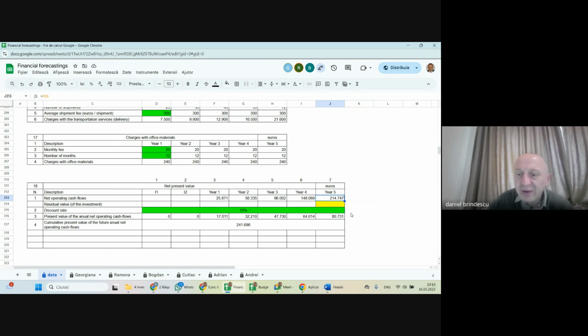In our case, 214,000 euros. Can we expect to continue generating more or less the same amount of net operating cash flows throughout the following years? I don't know how many, 5, 6, 7, 10, for a sufficient amount of years. Undefined, but quite a few.